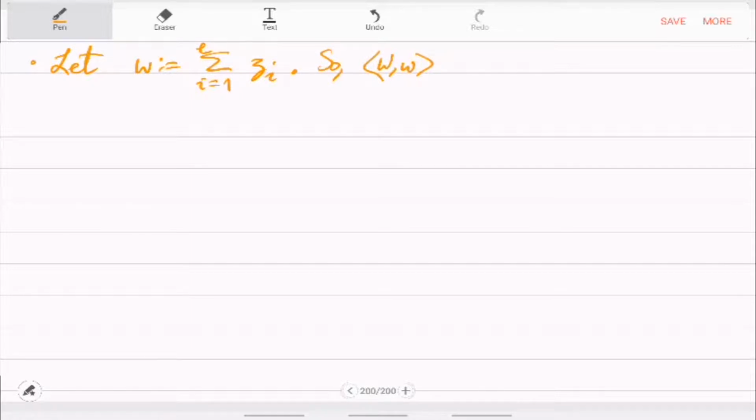The length of W will involve both zi inner product with itself and zi inner product with other zj's.